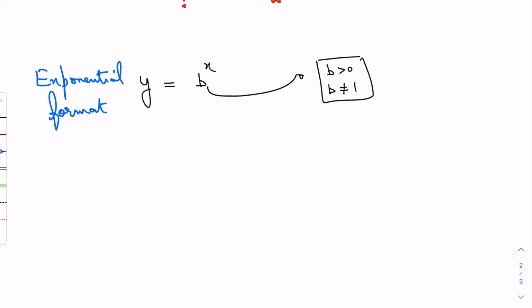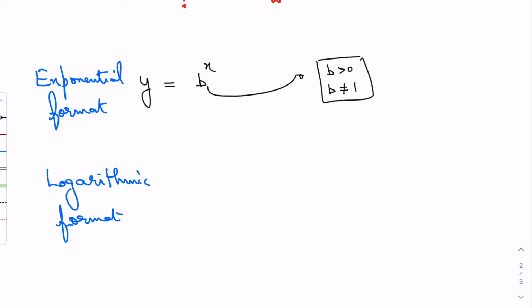Now we are introducing a new kind of format. We will be writing exactly the same thing. This thing I can express in another way, and that we call the logarithmic format. Let me first write it, and then I will surround it with some words.